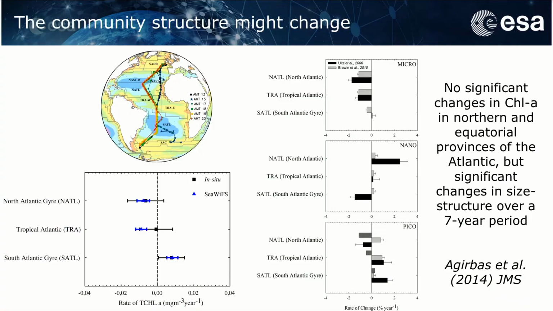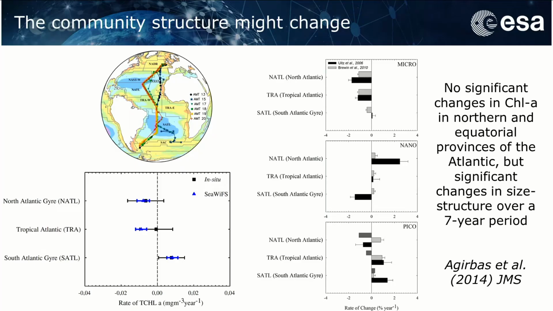And this is an example of that, actually. This is a paper by Hirata in 2014. He used some data from these AMT transects. I talked a little bit about that on Wednesday, about going to sea and making these measurements. He looked at the trends over a very short-term period, I think only a 7-year period, in situ chlorophyll, and also looked at some satellite SeaWiFS data.